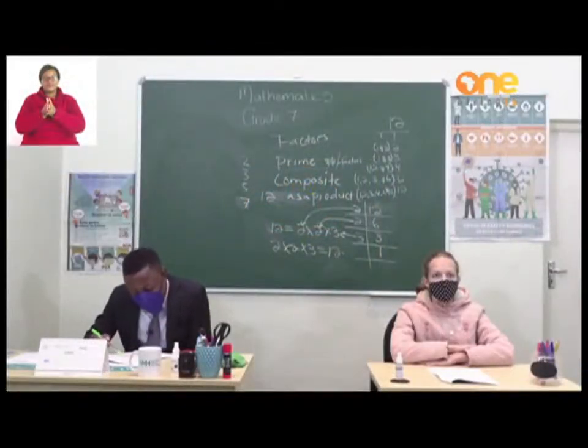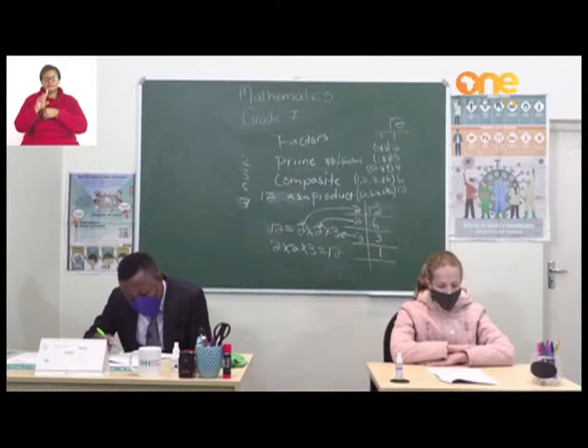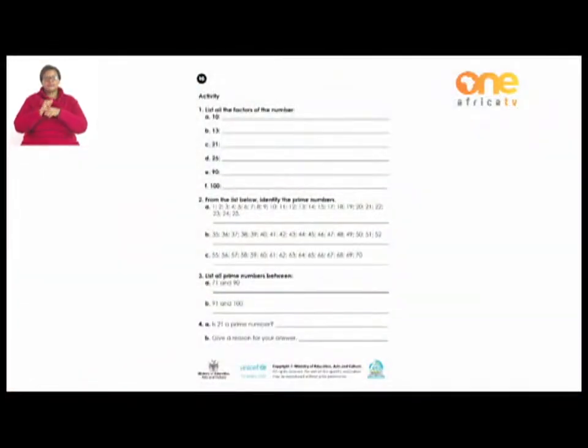Let us now go to page 16 to do the activity. I'll read through the activity and give you guidelines on how to do it. Number 1, you need to list all the factors of the numbers for number 10 A, B 13, C 21 until F. Then we move to question 2.